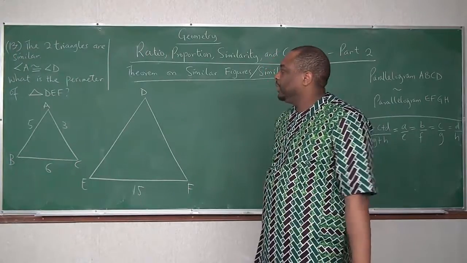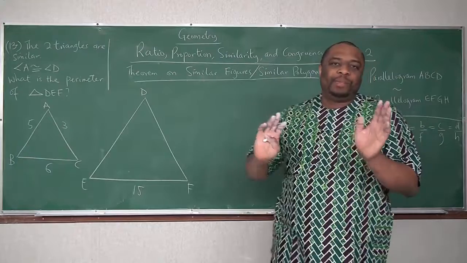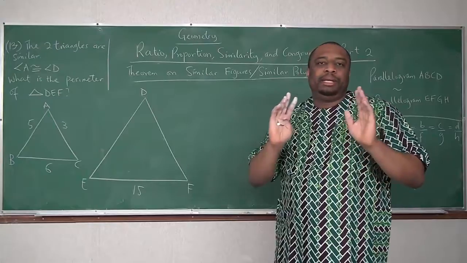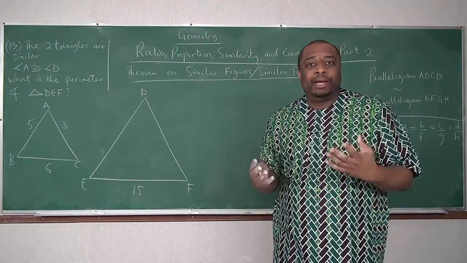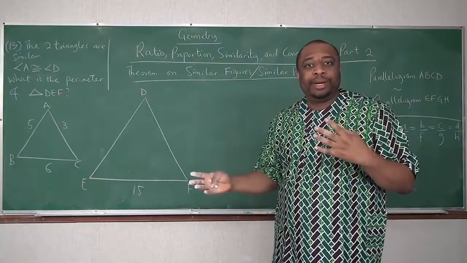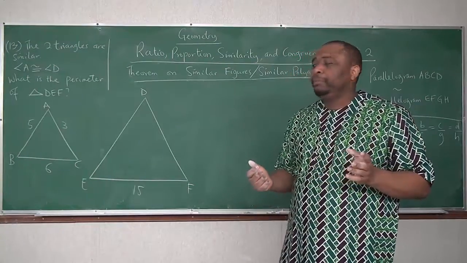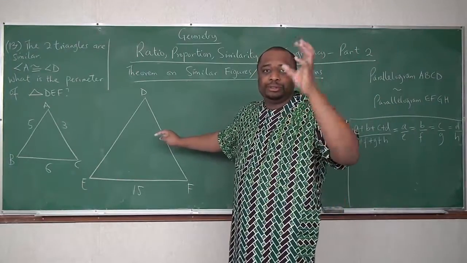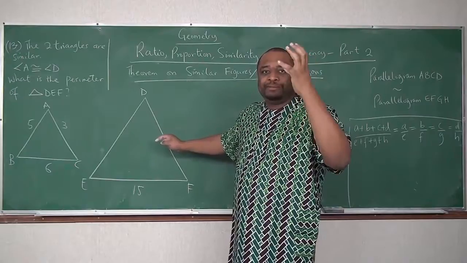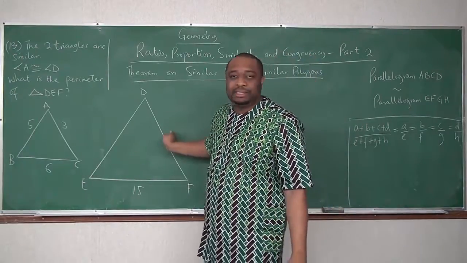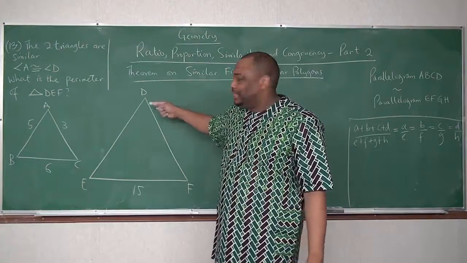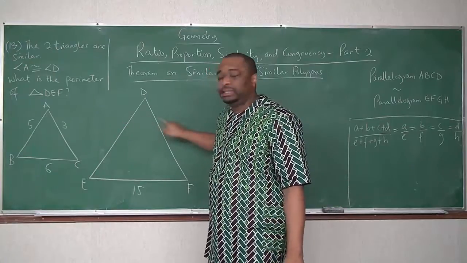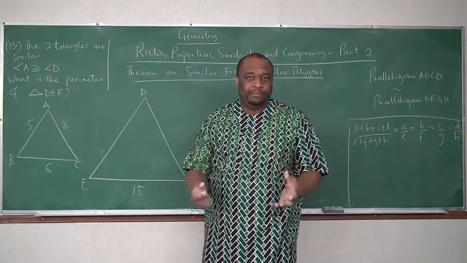The perimeter. Okay, so we will look at two ways you can do this. We will look at the usual way that some people might want to do it. Some people will use the definition of similarity to find line segment DF and line segment DE, and then add the three lengths to get the perimeter.